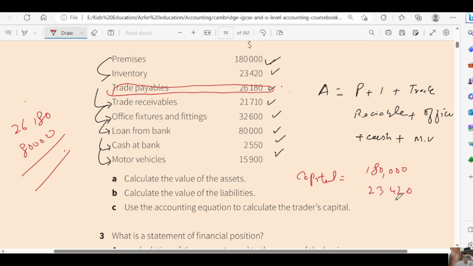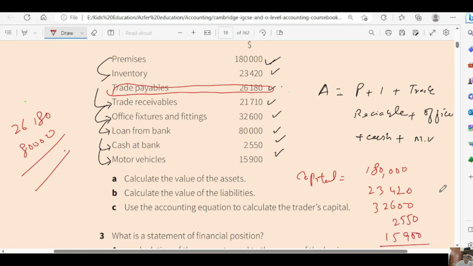Office fixture and fittings, she possibly bought from her capital, so this is also capital. And loan from bank is not a capital. Cash at bank, yes, it is capital. Motor vehicle, yes, it is capital. So we can just add up these things to calculate the capital.